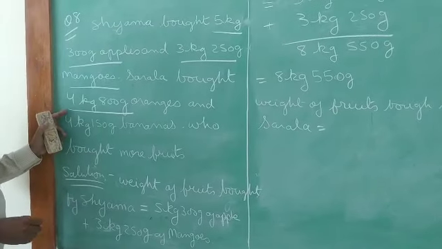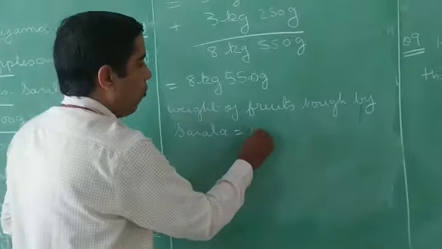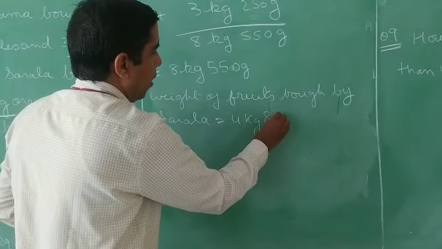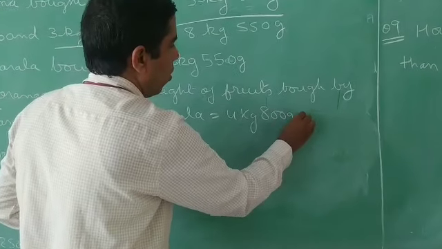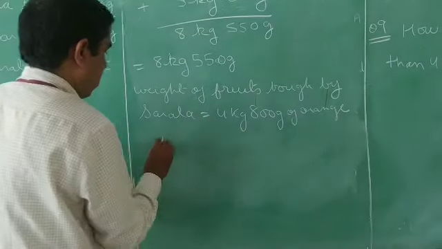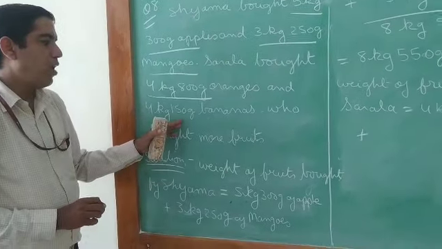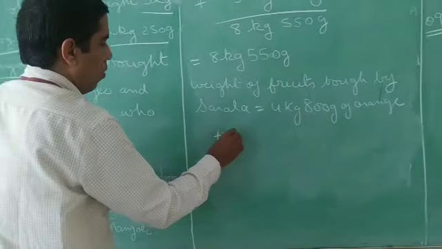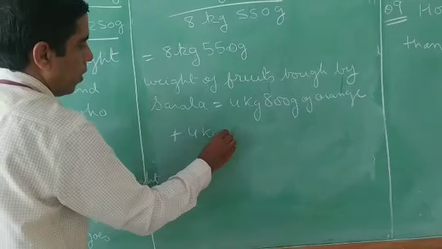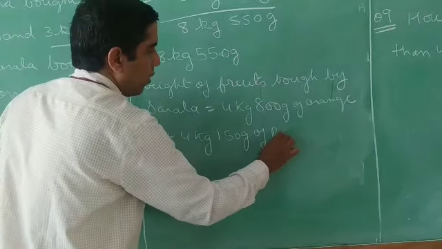How much? 4 kg 800 grams of oranges. So I write here 4 kg 800 grams of orange plus what is here? 4 kg 150 grams of bananas. 4 kg 150 grams of banana.